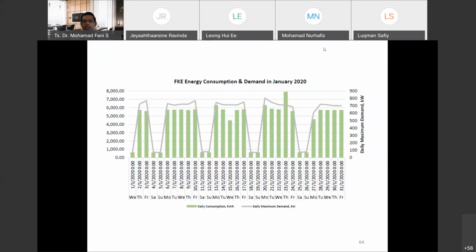This profile has also been presented in the bill. Every month they can see this profile for the maximum demand and for the energy consumption.